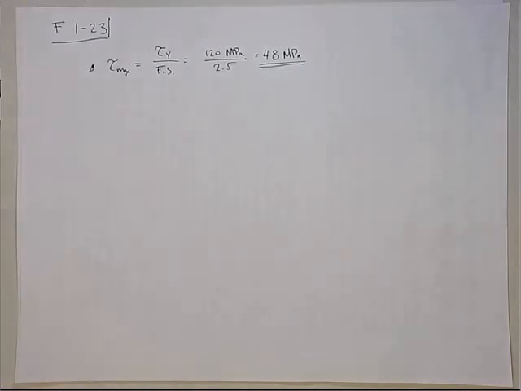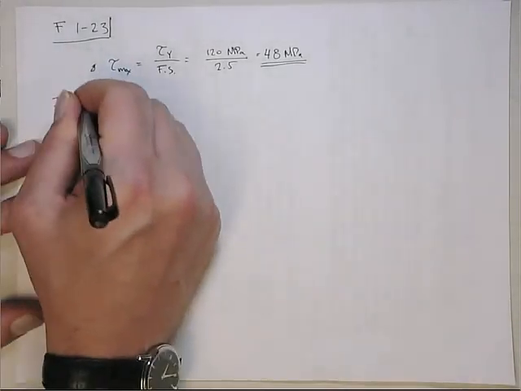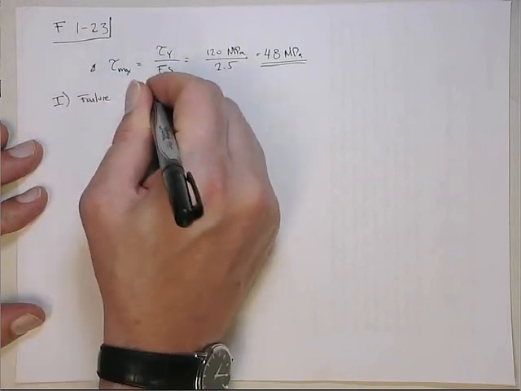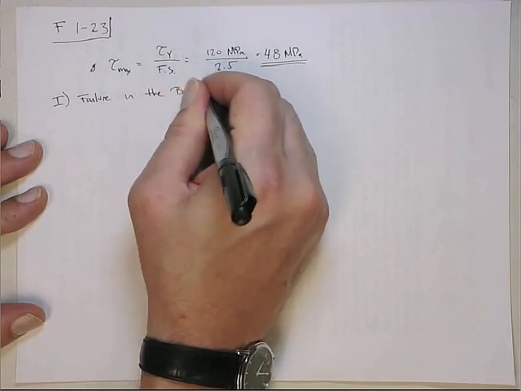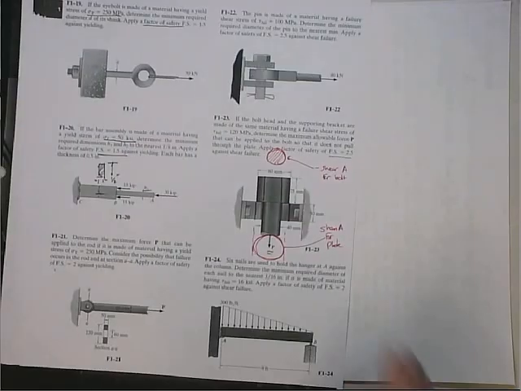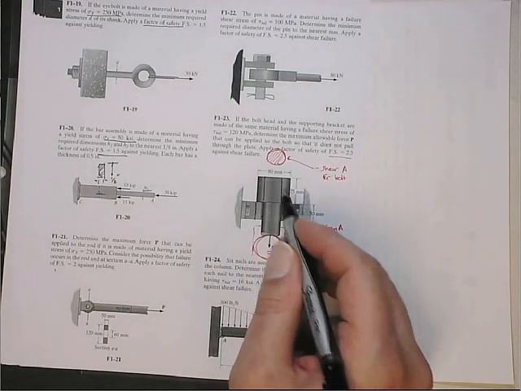All right. So first, let's consider the first case. Let's assume that we're going to have a pull-out failure in the bolt head. Remember, that's going to be a shear acting along this cylinder.